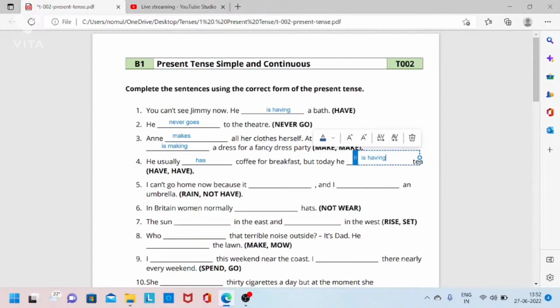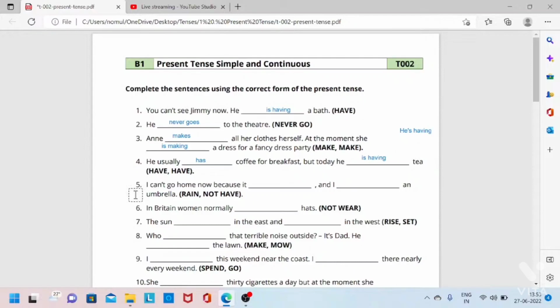Am I right? He is having tea. He's can also be written like this. He is having tea can also be written like this. This is also a correct form. You can write like this or like that.